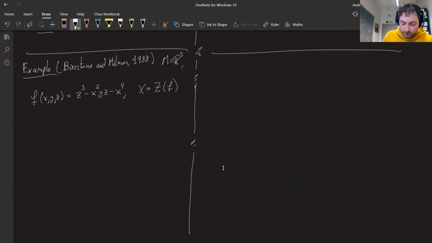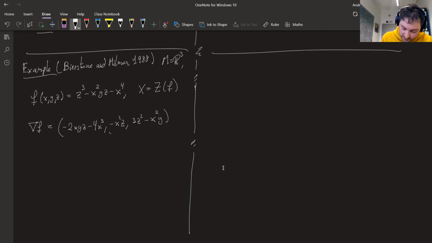The first thing I want to note is where this set is not a hypersurface. It's enough for us to consider the gradient of f. If the gradient is non-zero, then we know that it's a hypersurface. So the gradient is going to give us minus 2xyz minus 4x3, minus x2 z, and then 3z2 minus x2 y.